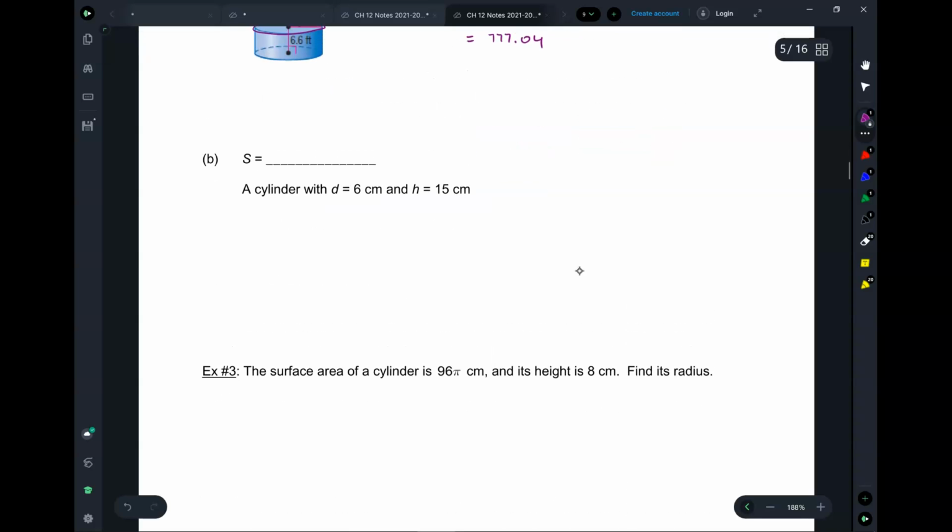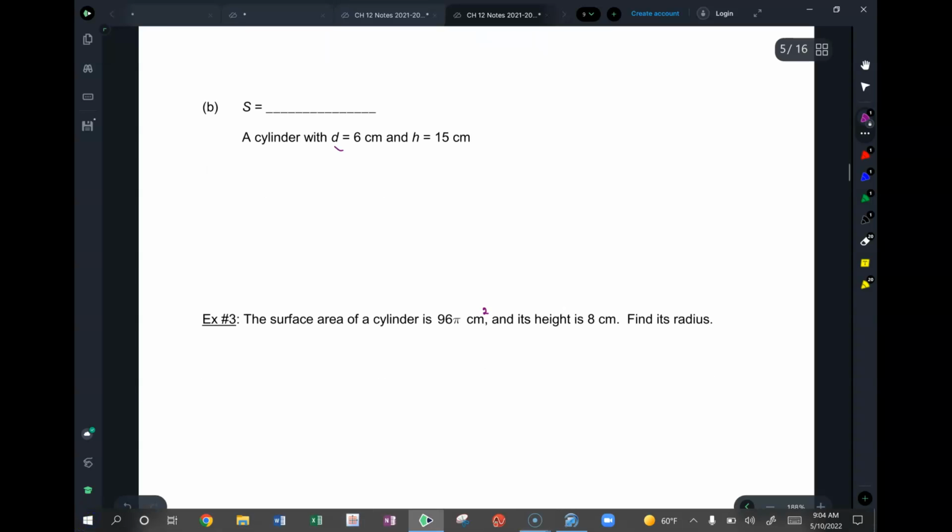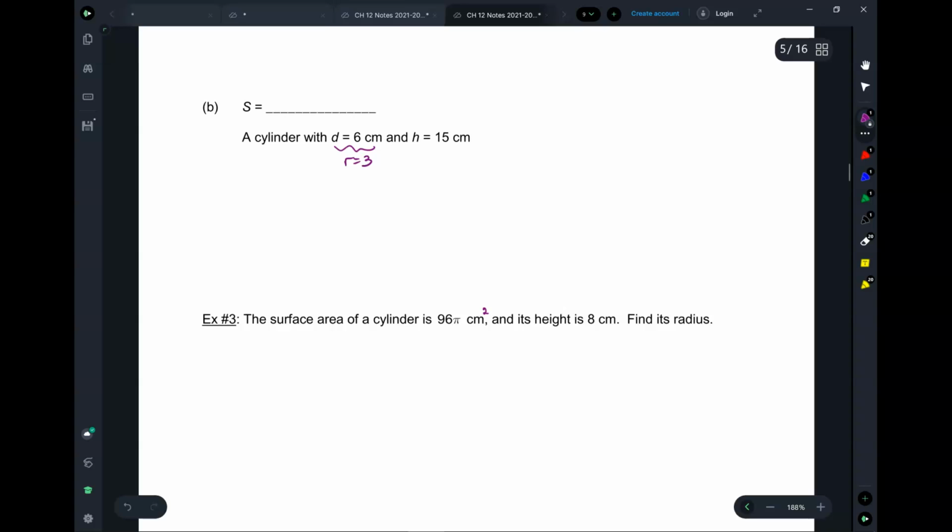Okay, I will give you a minute to do B, please. Go ahead. The diameter is 6, meaning the radius is 3, right? So surface area is 2 pi r squared plus 2 pi r h. And then I would just plug the whole thing into the calculator like that, and we get 339.29.